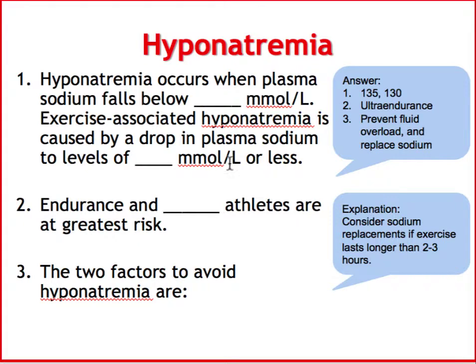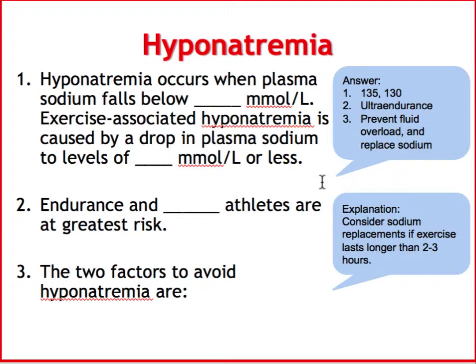Endurance athletes that are very slow and running for many hours, and are drinking excessively, drinking before they're thirsty, are at greatest risk for developing hyponatremia. So the two ways to avoid hyponatremia are to not drink before you're thirsty, listen to your thirst mechanism, and replace sodium.